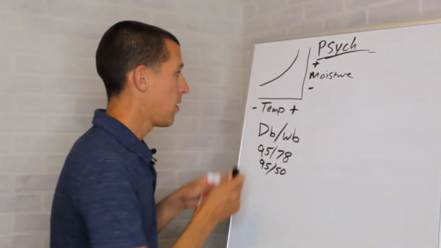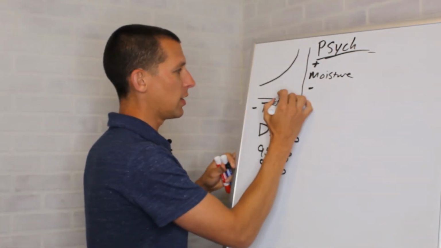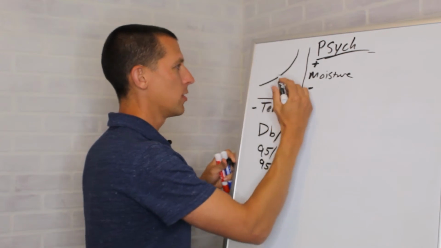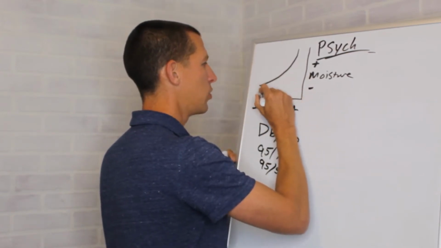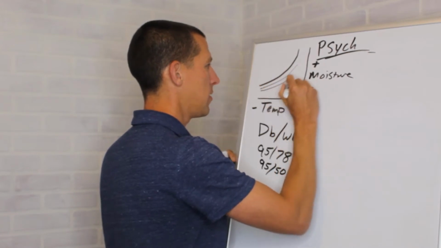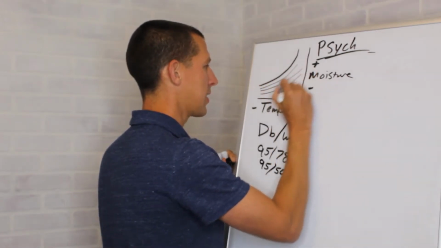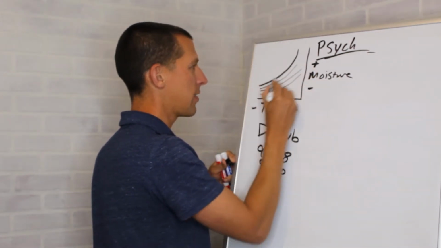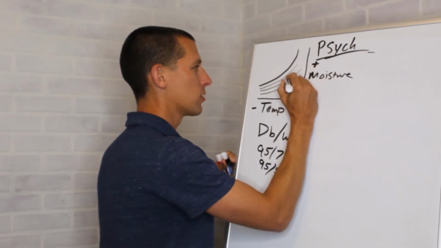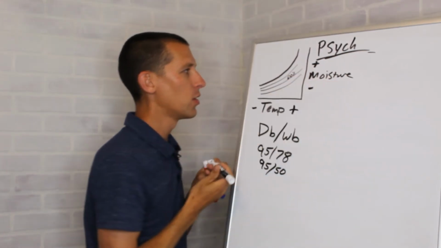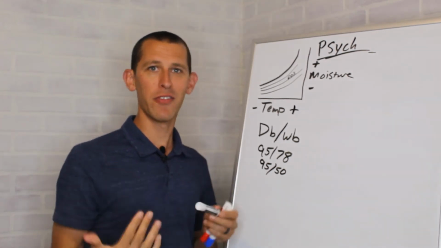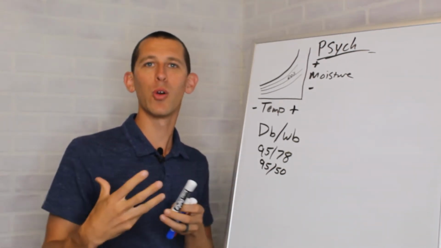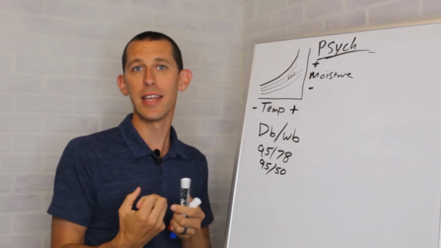Now, if you have a temperature on here, the most important things to remember on a Psych chart are going to be your relative humidity lines, which come up like this, are close together, and then spread out. Let's just call that 50% relative humidity. What that means is it's about 50% of the amount of moisture that can be held in the air.